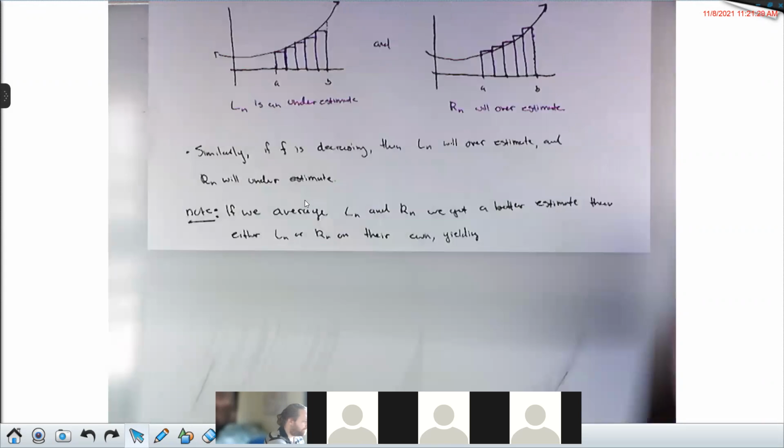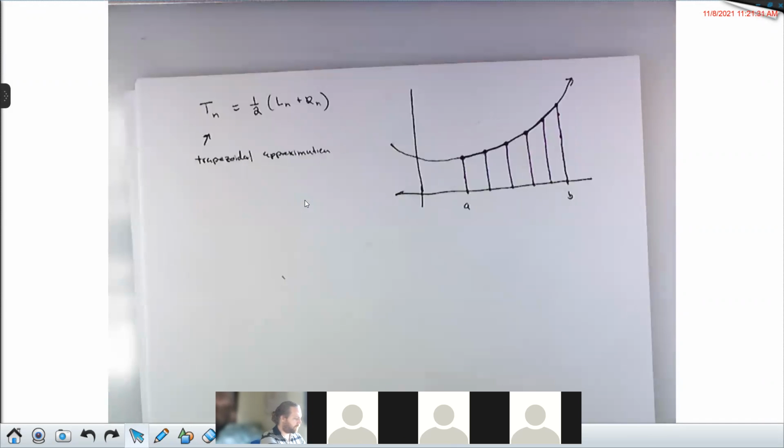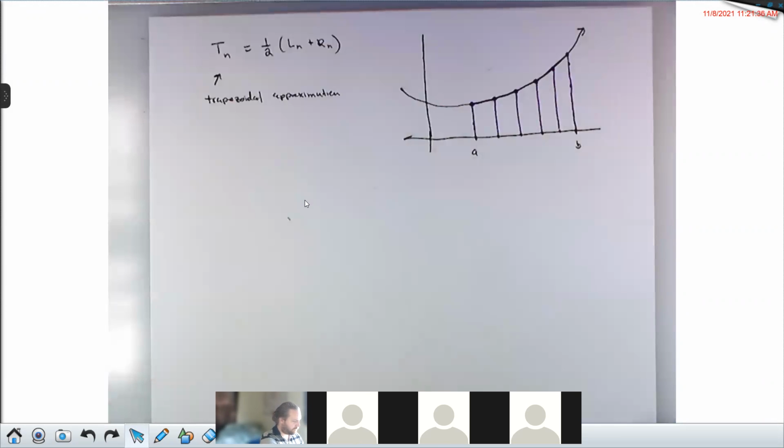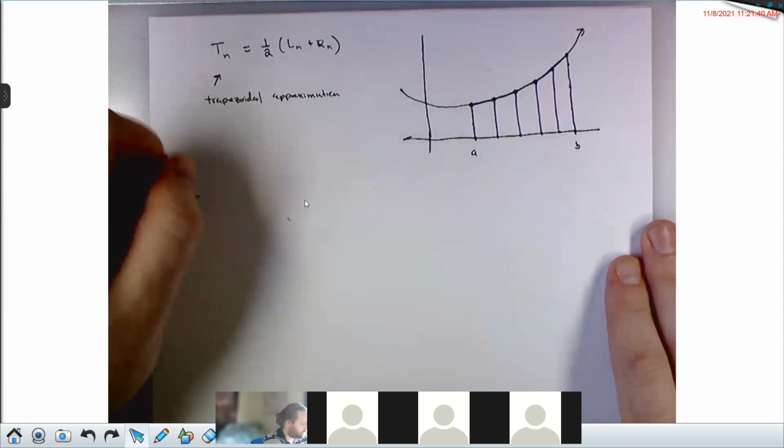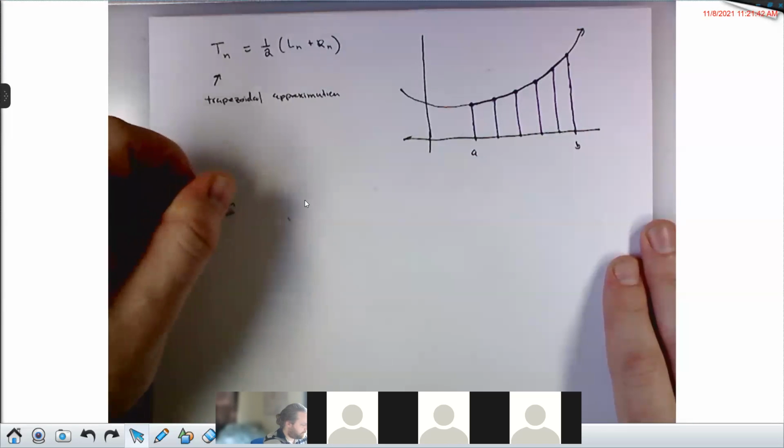Because the big deal, way more important than any approximation, is the actual fact. So we had a discovery last time.